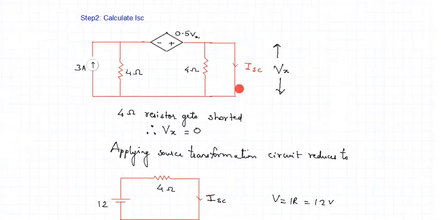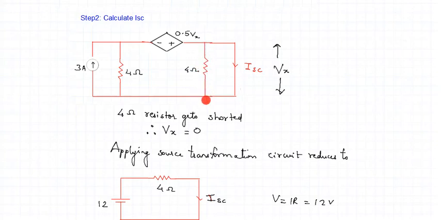The current which flows through the short circuit path is the short circuit current ISC. We are interested in finding this short circuit current ISC. What do we observe? The moment we have removed the load resistance and replaced it by a short circuit, the 4 ohm resistance gets short circuited.